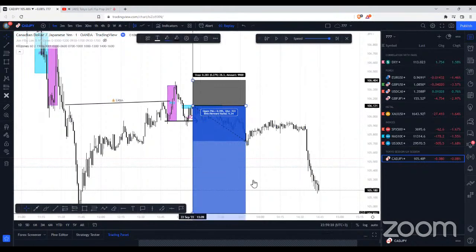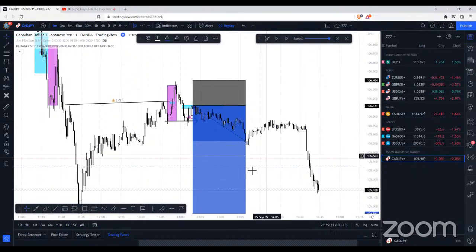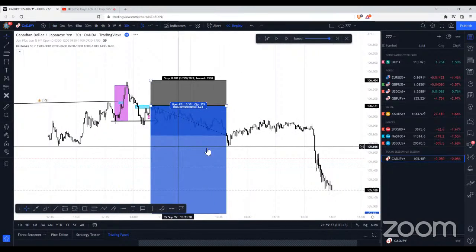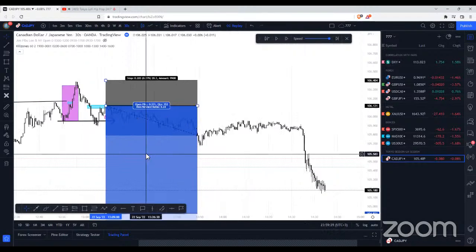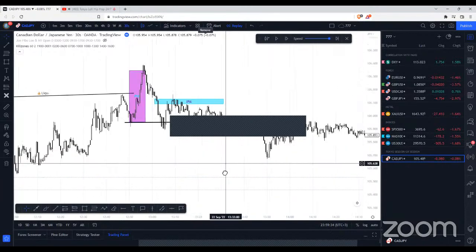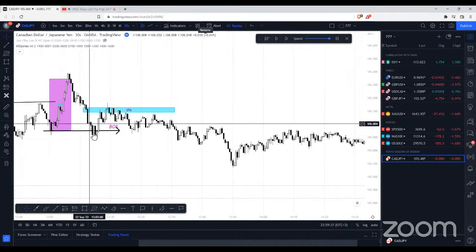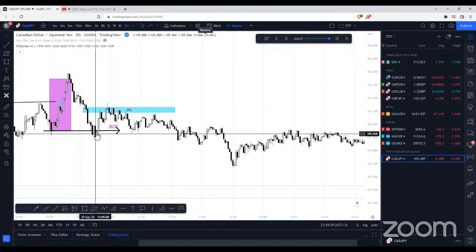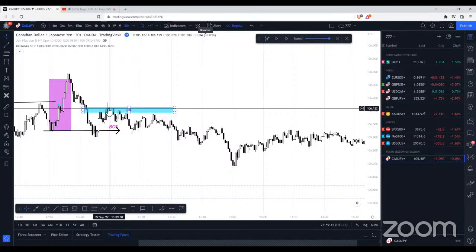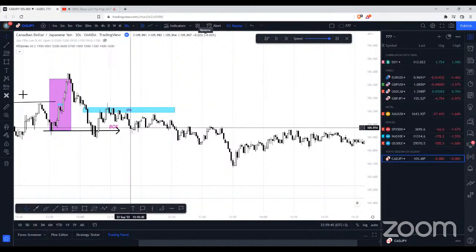One thing you could have done, and this is why the market is so fractal, it's amazing, man, is go down to a lower time frame. You can see we got lower low, lower high, lower low, break, higher high, higher low, higher high inside the imbalance, and then break.